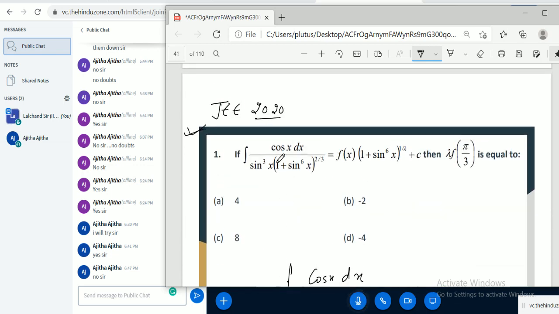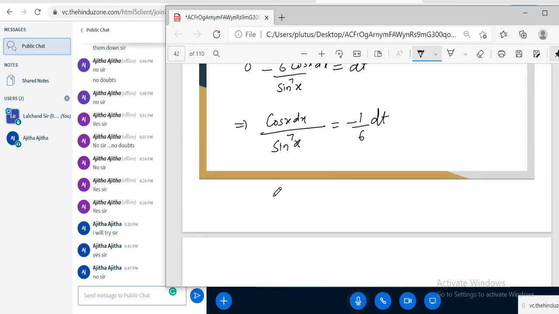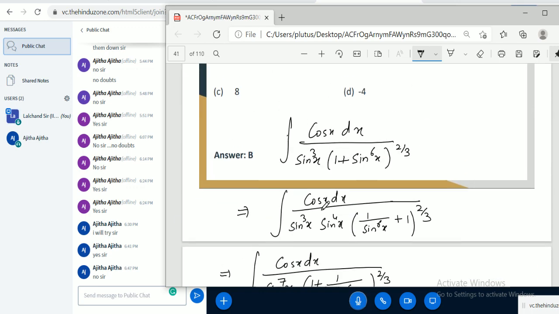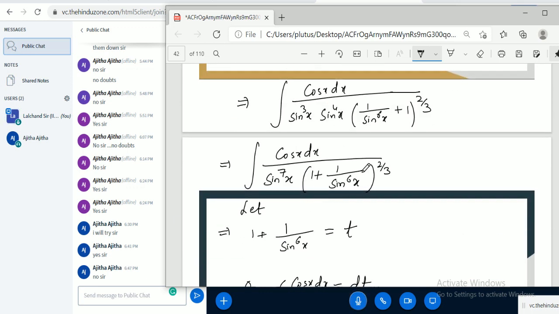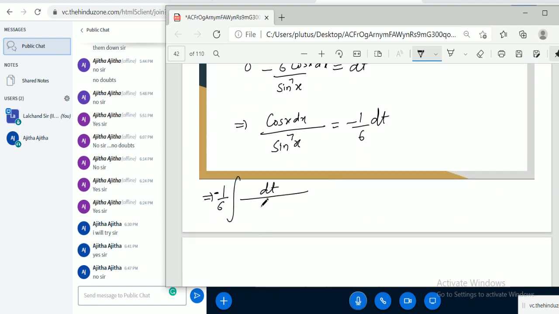If we make this substitution here, then we have finally minus 1 by 6 integral of dt, and inside this is t to the power 2 by 3.